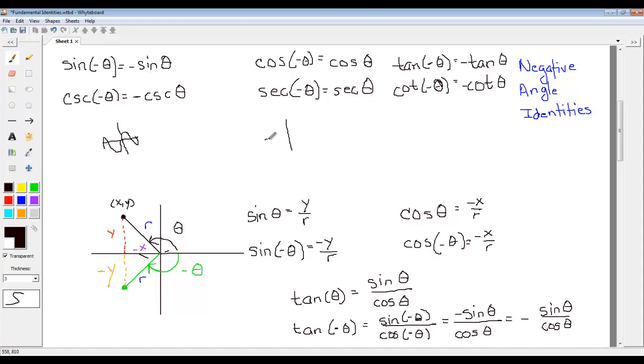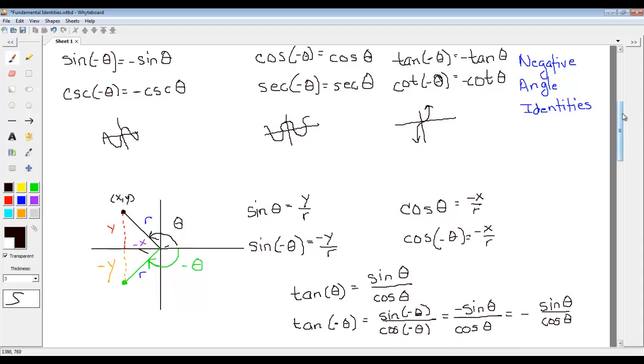When you think about your cosine function, it went like this. It had that y-axis symmetry. It's an even function. Sorry about being so crooked. Even function, f of negative x equals f of x. Our tangent, you're dealing with another odd function. F of negative x equals negative f of x. So that goes right in line with the fact that sine and tangent are odd while cosine's even. So we learned that already, but just a different way of showing it or verifying it.